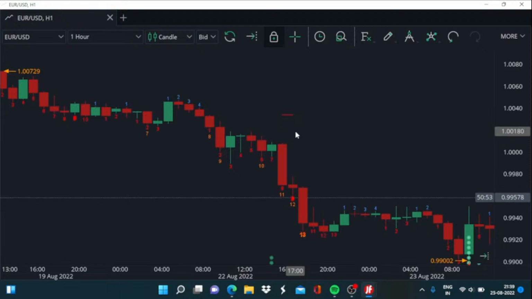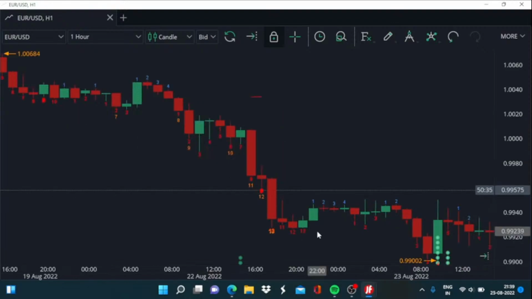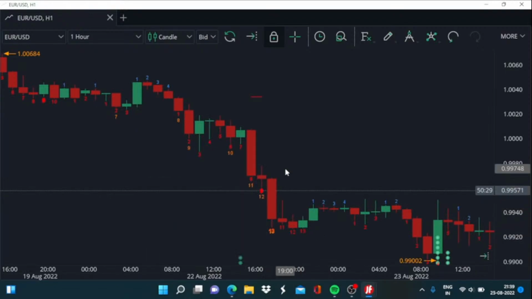So as long as the trend remains in the same trajectory, we will have these numbers provided to us by this system, the TD combo, in increasing manner. So here we have the output value of the TD combo going well above 10. This plotting is being done in red as we have the bearish trend.